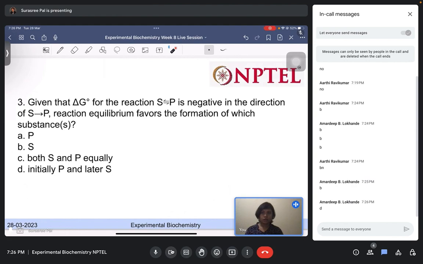So the reaction will be favored towards product, because when we go from S to P, this energy change is negative, right? Therefore the correct answer is product. The reaction equilibrium will favor the formation of the product.